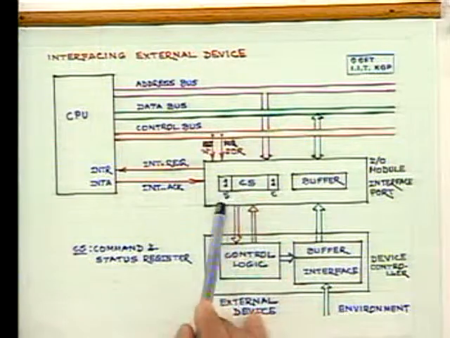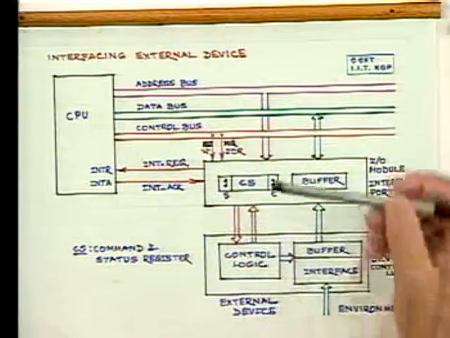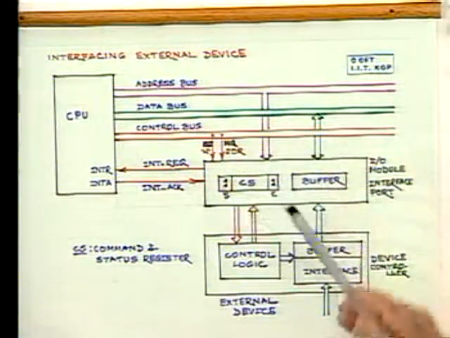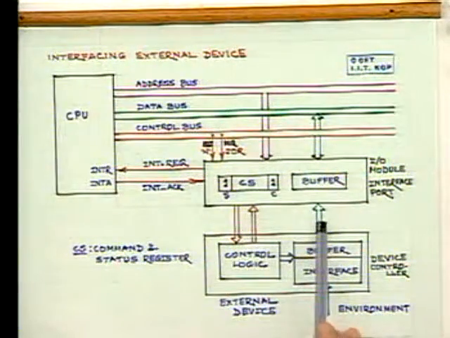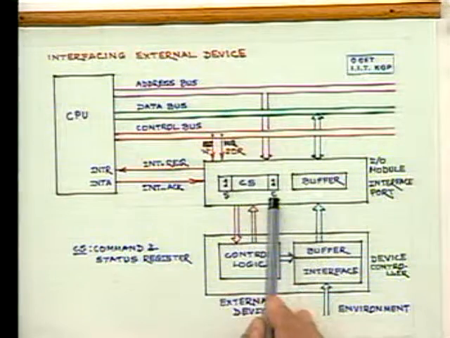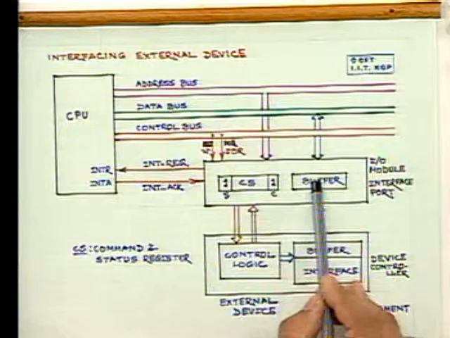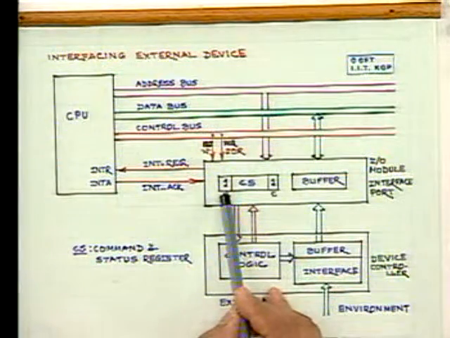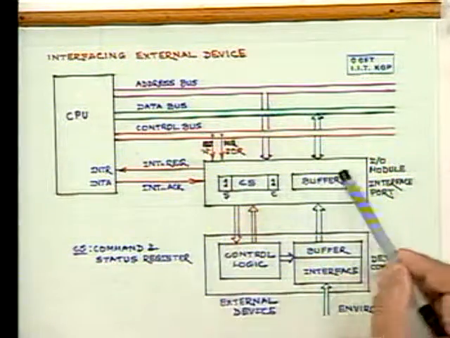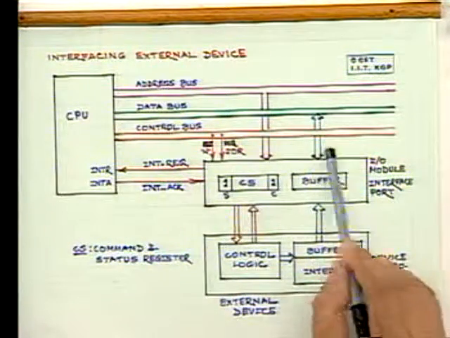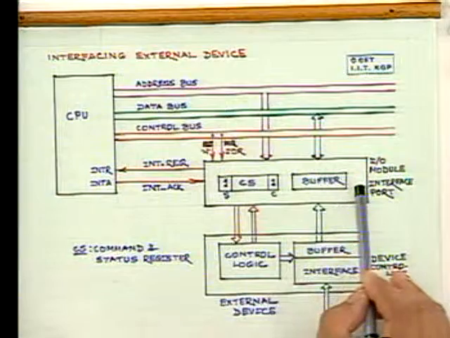We say that this is the command and this is the status. If you want to read something from that input, then this command bit I put to 1. The device puts the data into the buffer and puts the status bit. On getting the status bit, or the interrupt, we read from the buffer. In the case of an output device, it will be similarly true.